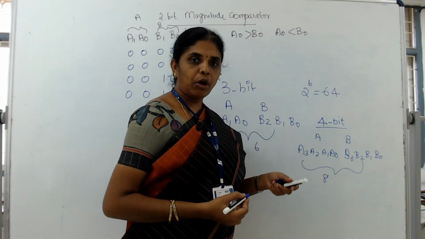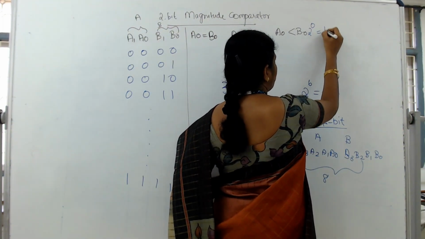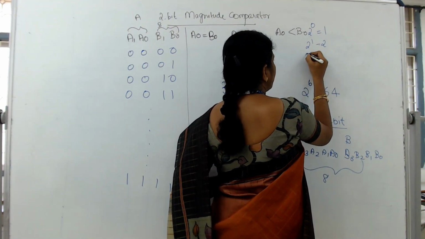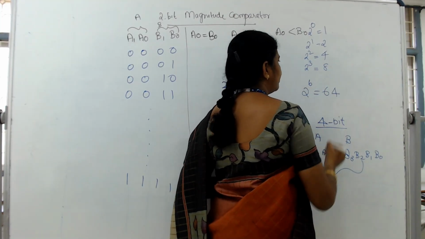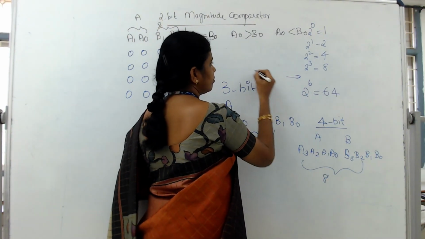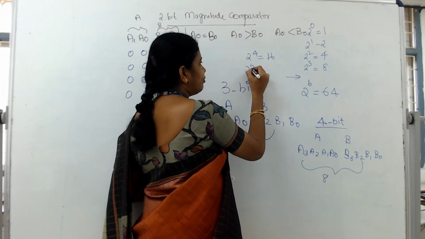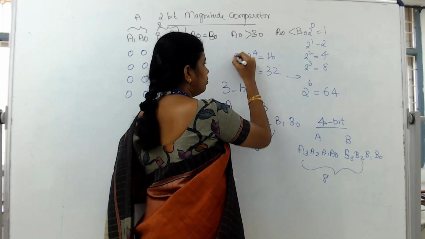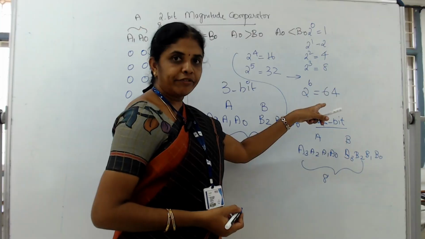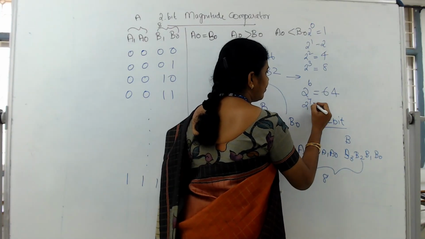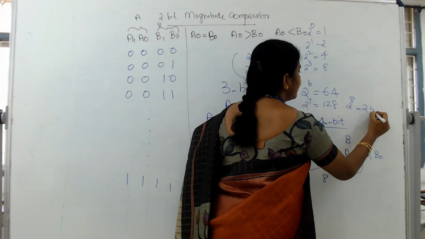So for the total number of combinations, you all know that 2 power 0 is 1, 2 power 1 is 2, 2 power 2 is 4, 2 power 3 is 8, 2 power 4 is 16, 2 power 5 is 32, 2 power 6 is 64, 2 power 7 is 128 and 2 power 8 is 256.